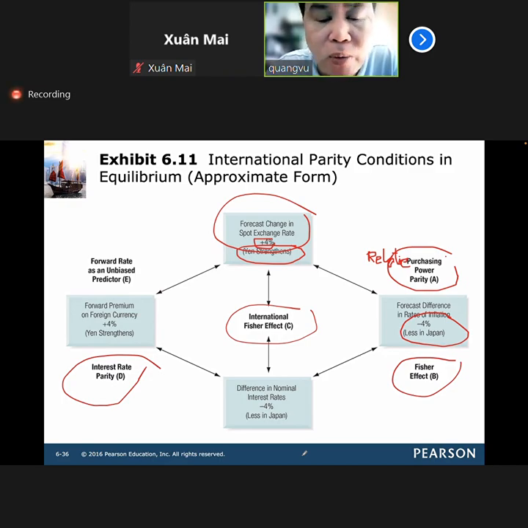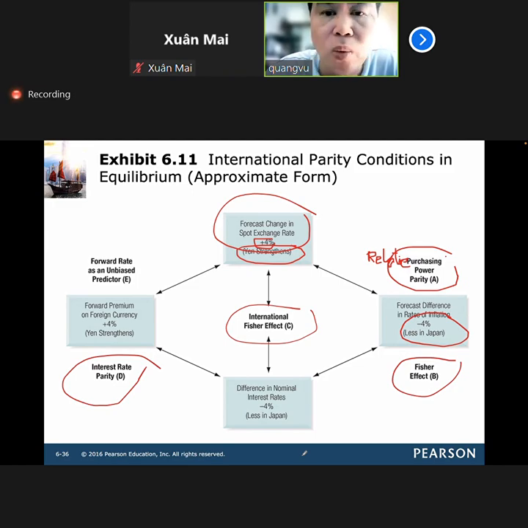So why do we have to use the RPPP rather than PPP to predict exchange rate in the future? Because if you simply use the PPP, that's not going to help you predict the movement of exchange rate in the future. Suppose starting from market equilibrium, you believe that inflation in Vietnam goes up by 4%.